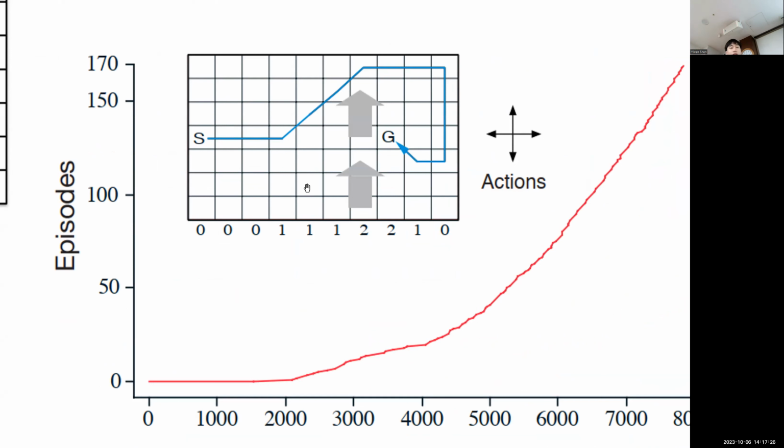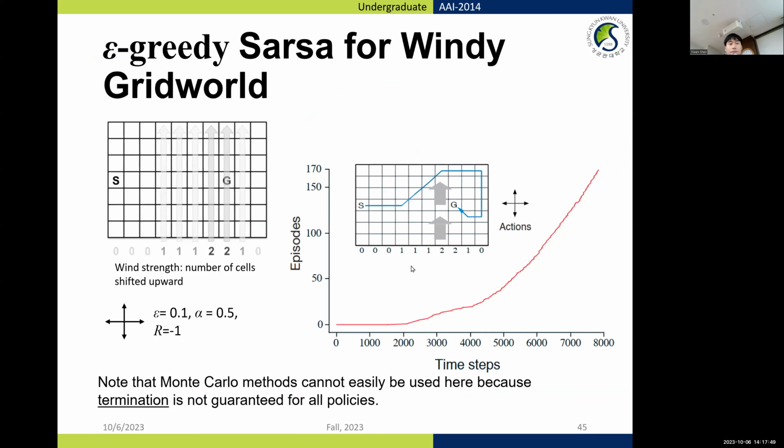Why? Assume you are staying here, then you move downward. Because of the wind, you move back again. You move downward again, you move back again. So actually you will have an infinite episode. You will never leave this place. You are fighting with this wind. Yeah. Okay.